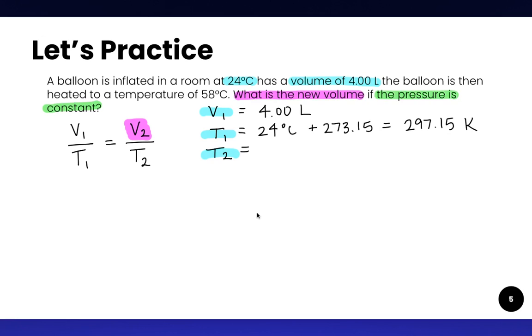And then T2 is equal to 58 degrees Celsius. All right, so now that we have all of our knowns in the right units, we can just plug everything in and finish our calculation.